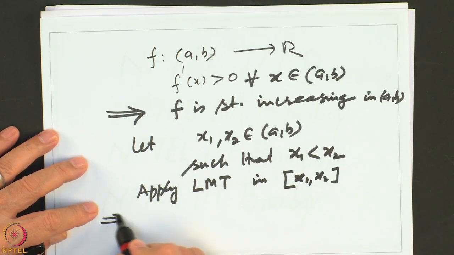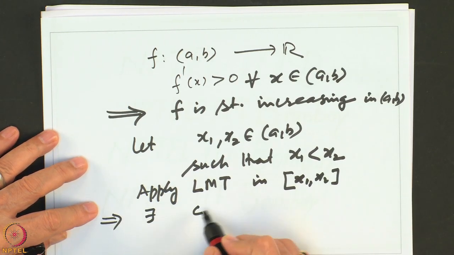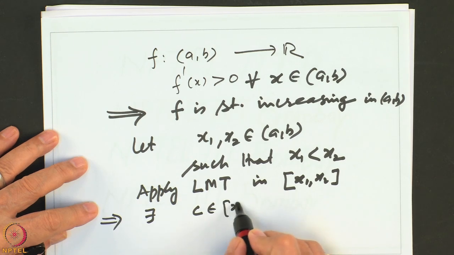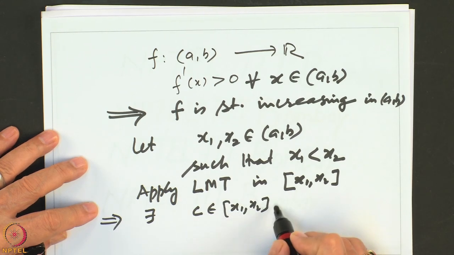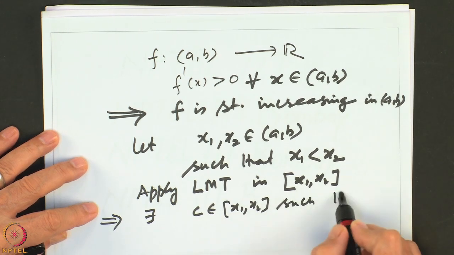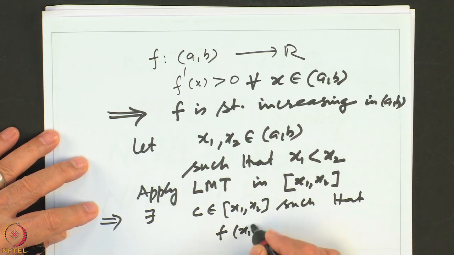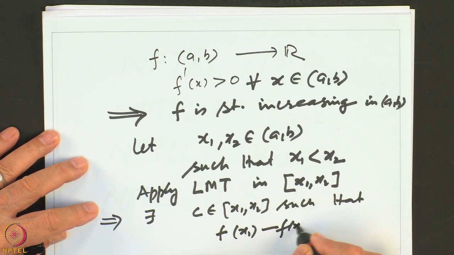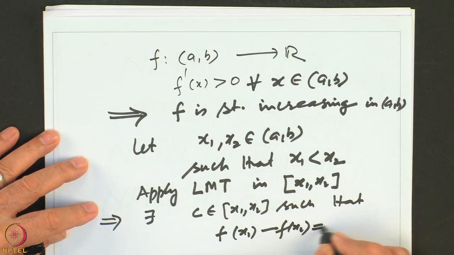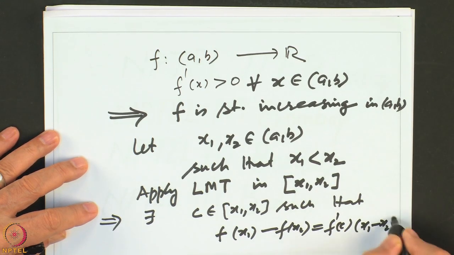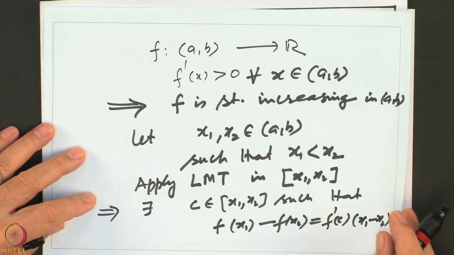That will imply that there exists a point c belonging to (x1, x2) such that f(x1) minus f(x2) is equal to f'(c) into (x1 minus x2). So, this is the application of Lagrange's mean value theorem.